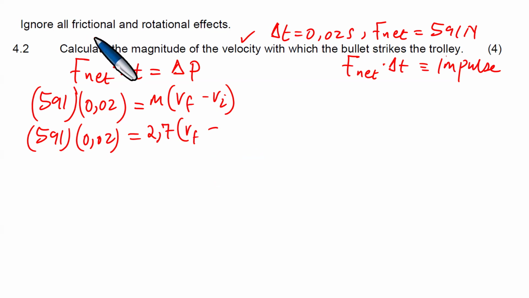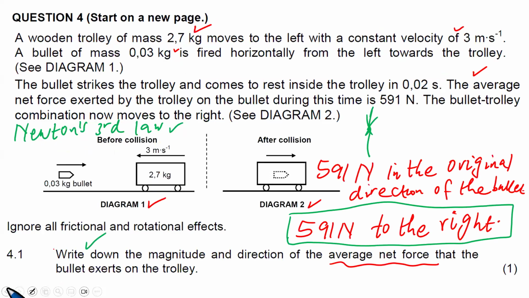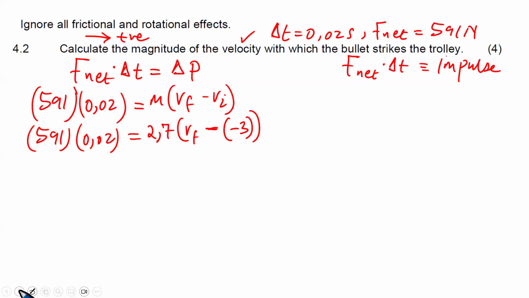If we choose to the right as positive, then the initial velocity of the trolley would be negative, because the trolley is moving in the opposite direction. Just take note of that. Then in the end we use our calculators.